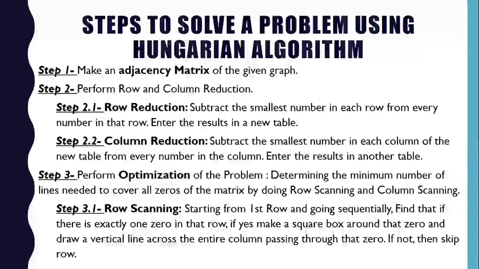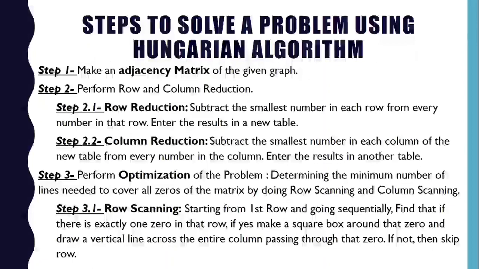What we do is find the smallest number in each row and subtract that number from all the entries of that particular row. And this gives rise to another table when followed for each row. From this new table, we perform step 2.2, which is column reduction, in which we find the smallest value of every column and subtract it from all the entries of that column, giving rise to another table.